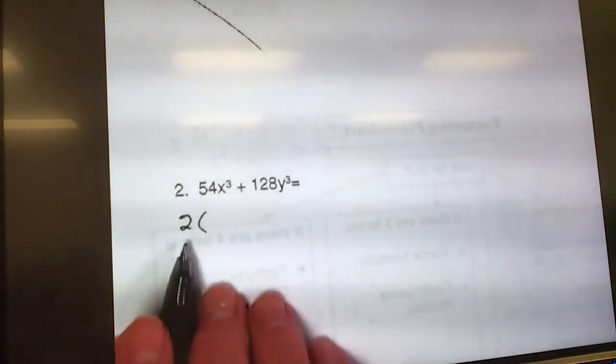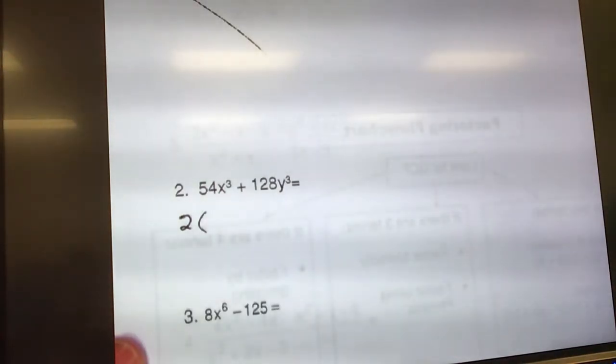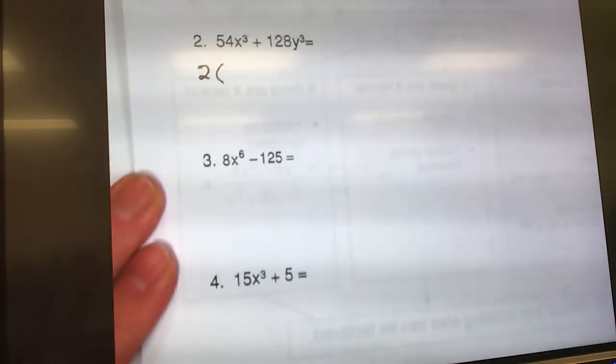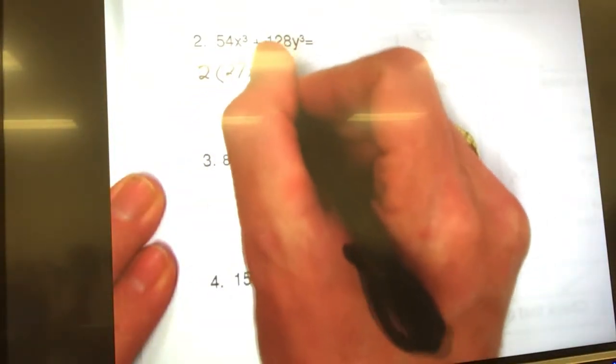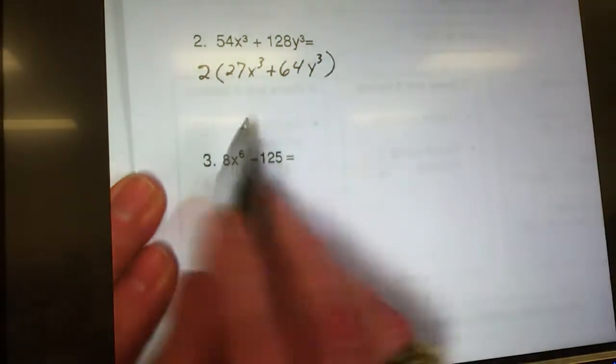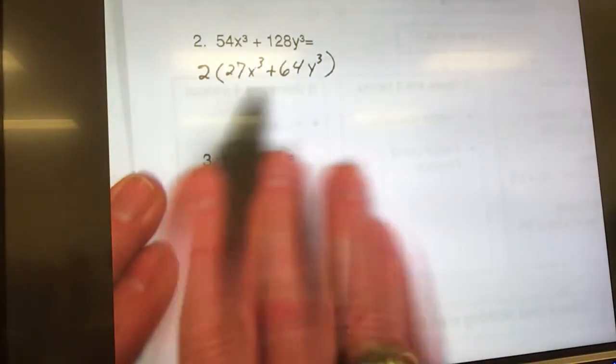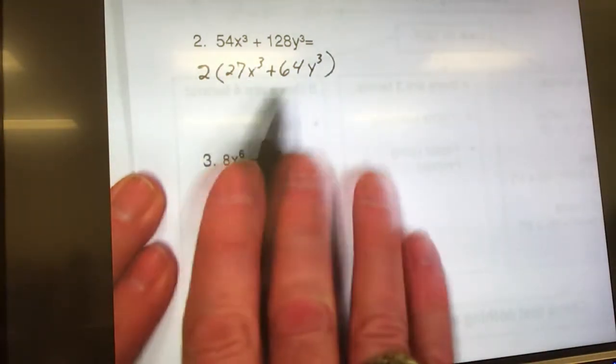They don't have a variable in common, so I can't take out a variable. What is 54 divided by 2? 27. x to the third. Plus 128 divided by 2. 64. y to the third. Okay, so now these are perfect cubes. I can break them down.